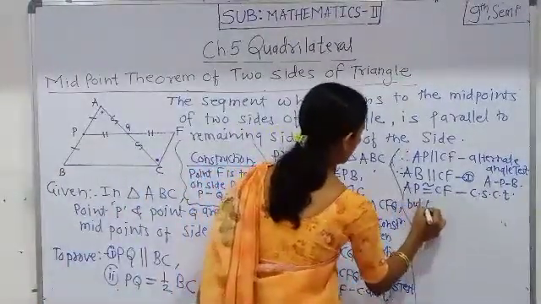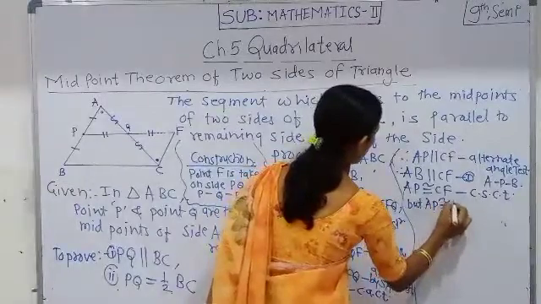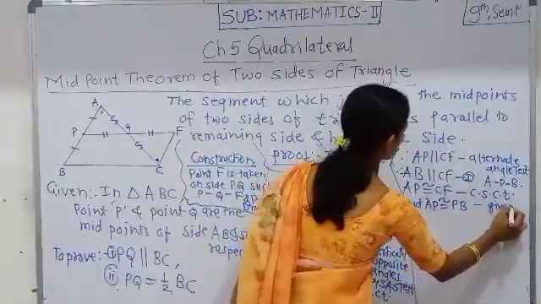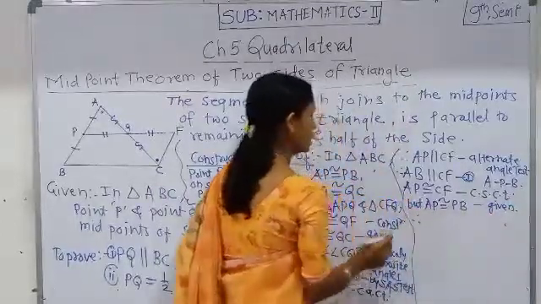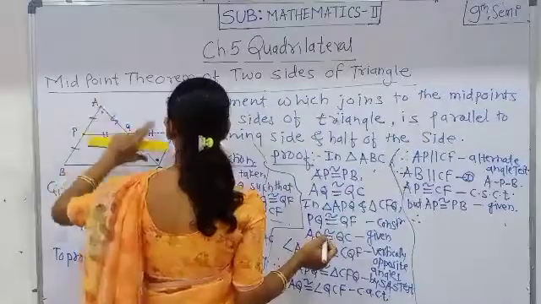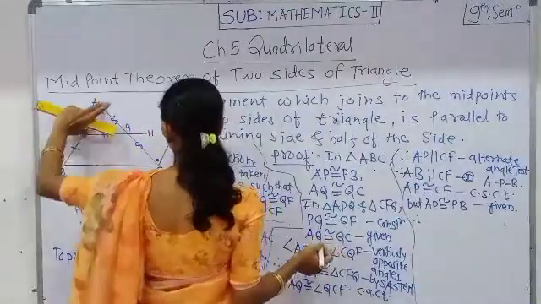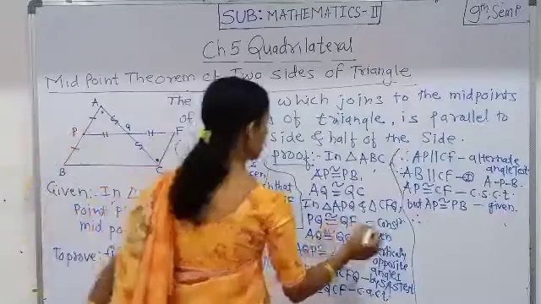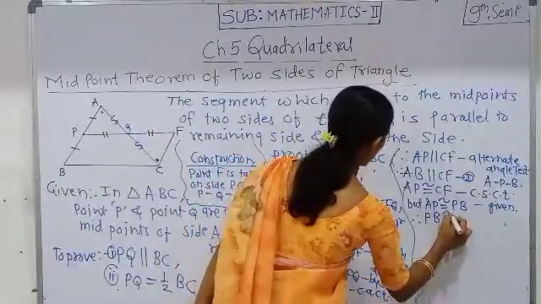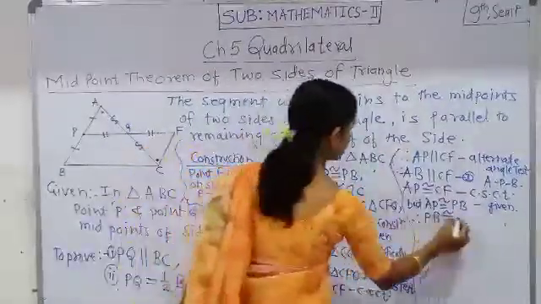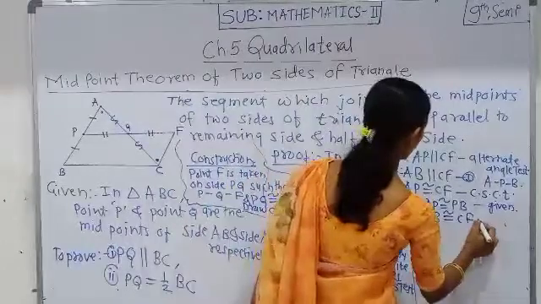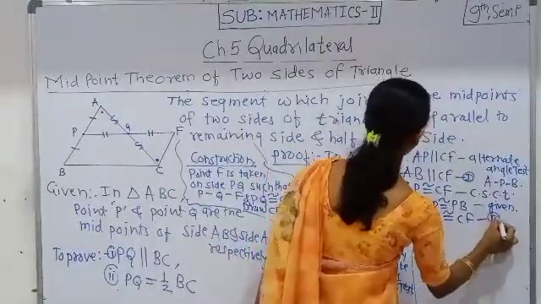But AP congruent PB, that is given. Therefore, AP congruent CF and AP congruent PB, so PB congruent CF. Let this be equation number 2.